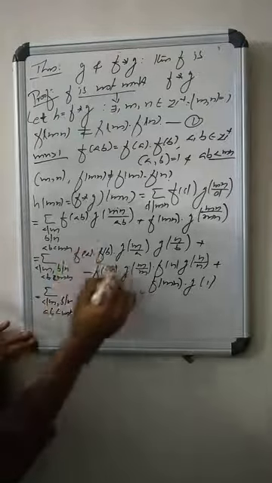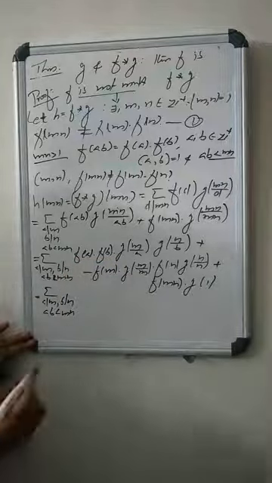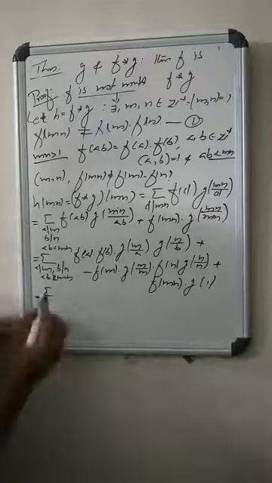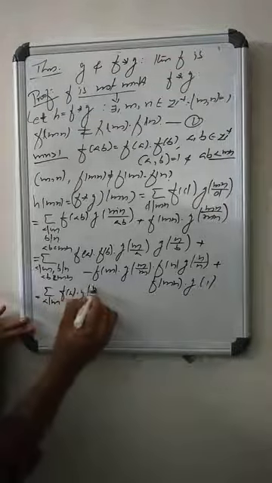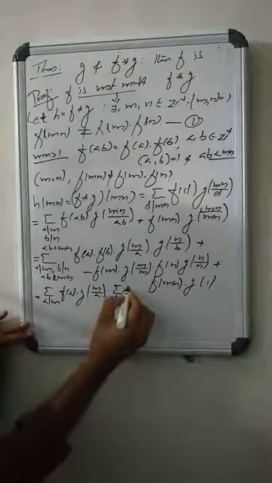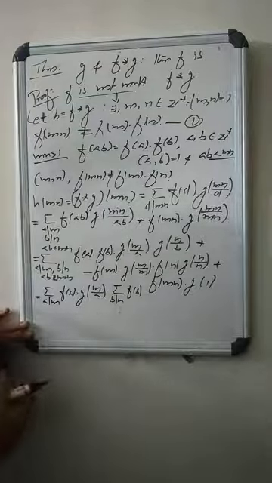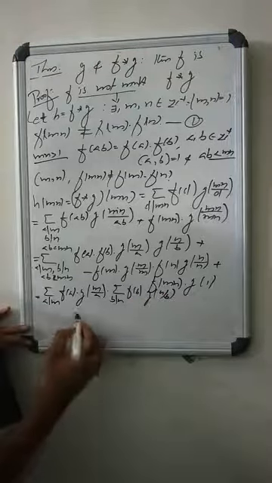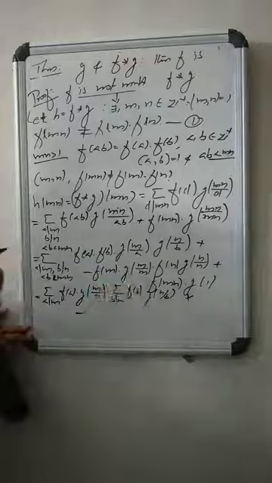So f of A into g of M by A, you can associate in this way: the sum over A dividing M of f of A into g of M by A, into the sum over B dividing N of f of B into g of N by B, minus f of M into g of M by M, g of 1.